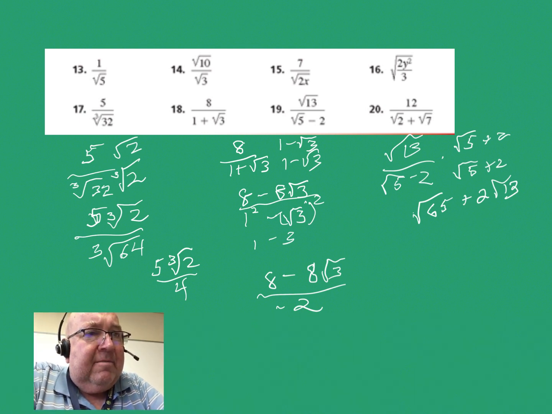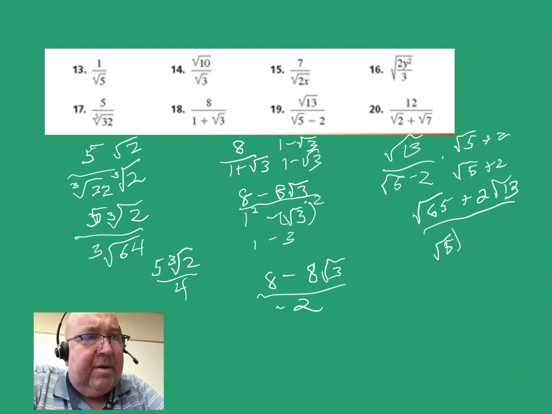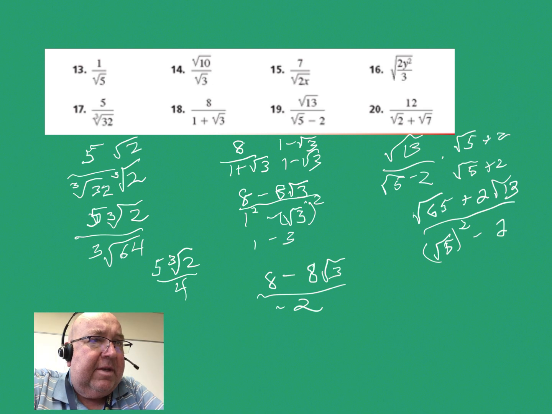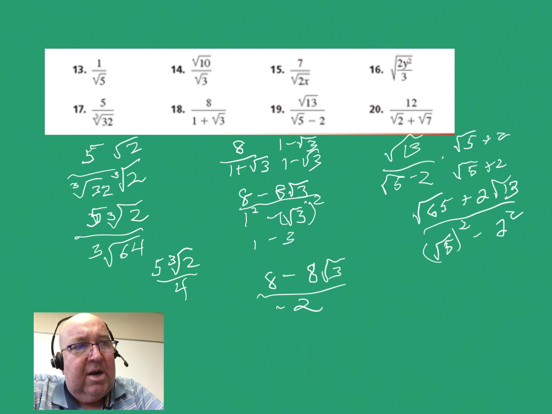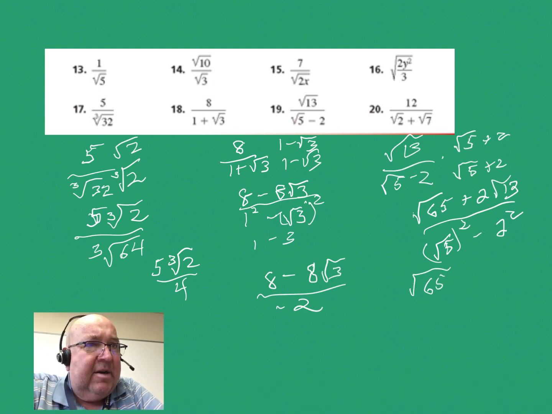On the bottom, we're going to get radical 5 squared minus 2 squared. Radical 5 squared is 5, minus 4 is going to be 1. Our answer then is going to be over 1, so our answer is radical 65 plus 2 radical 13.